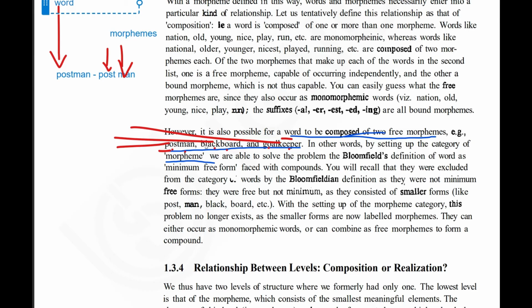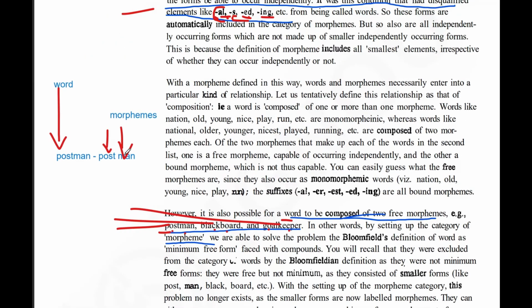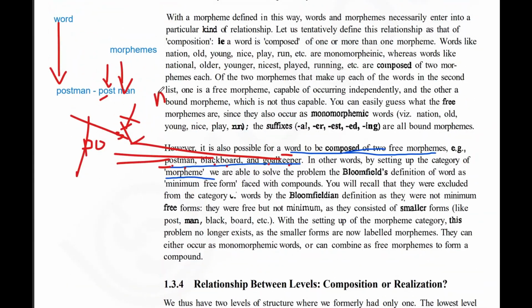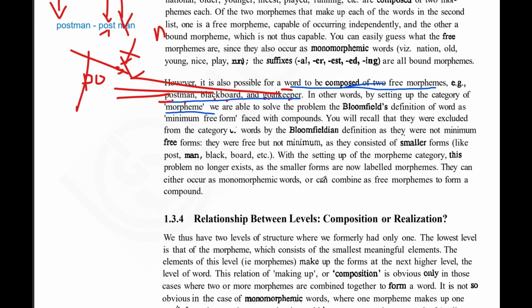So I hope you are getting this, that this post, we cannot break it any further. I cannot say just po and it would mean something. No, it does not mean anything, okay? When I say man, na in itself doesn't mean anything. I cannot break post or man any further, and that's why these are morphemes. But let's say I took another word, pretty, and then I made it prettier.